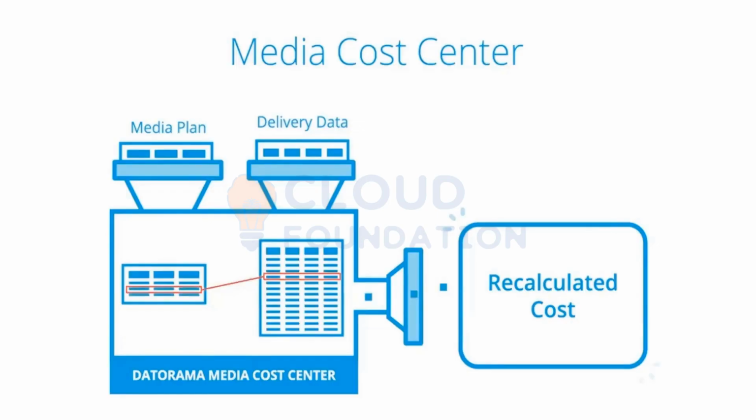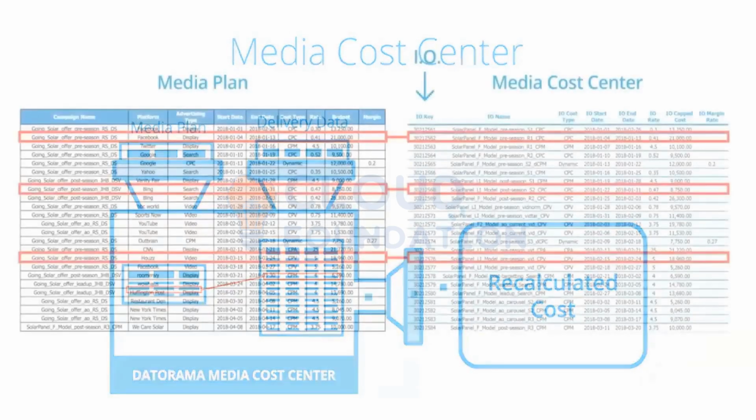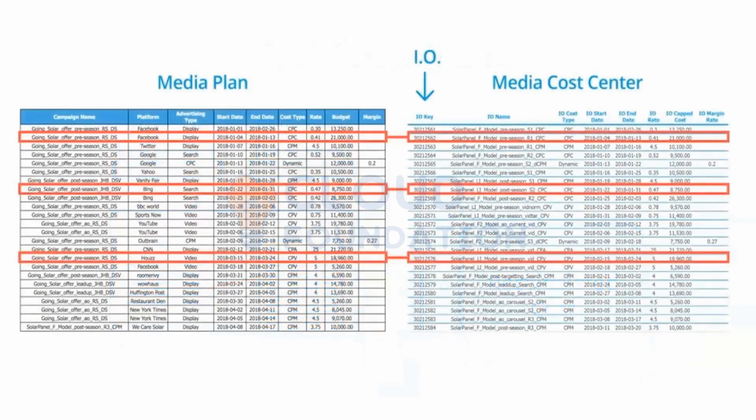Facebook or display or Twitter, whatever. So there comes my recalculated cost from Media Cost Center, which tells me what my delivered cost is. So the media plan, whatever my plan was, and whatever got delivered as the recalculated cost, is connected by means of this mediator called IO.